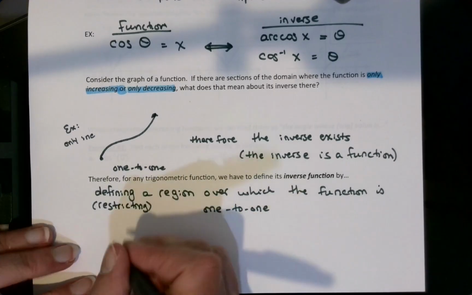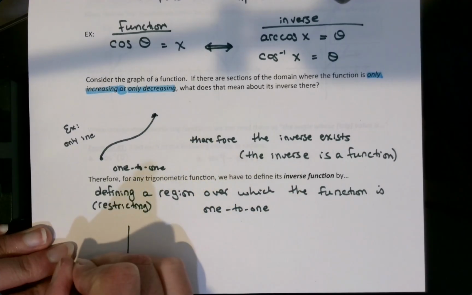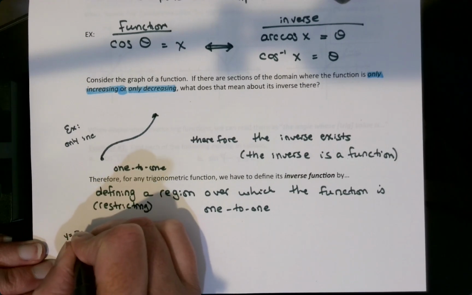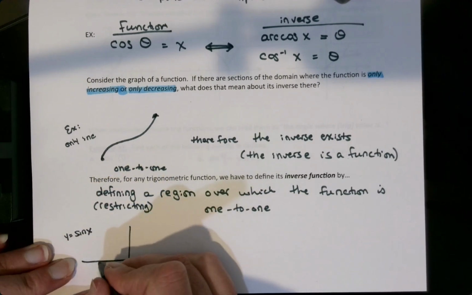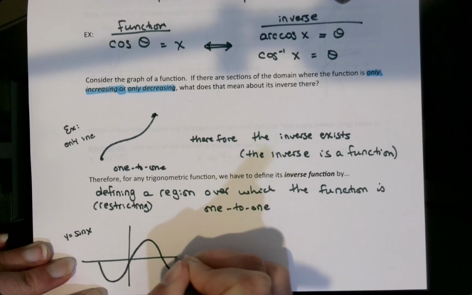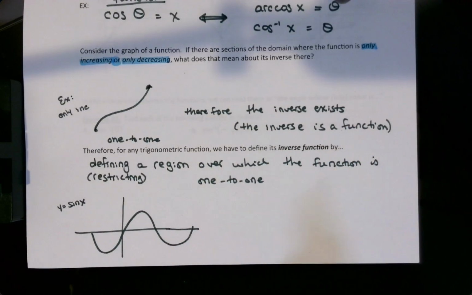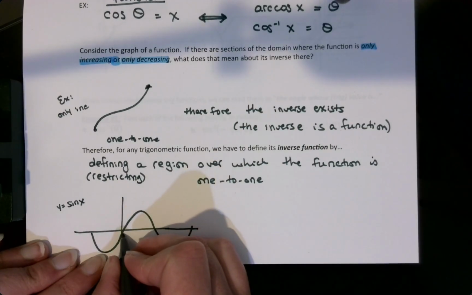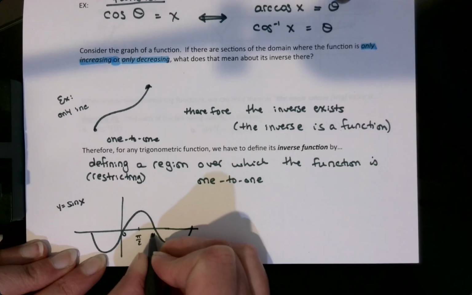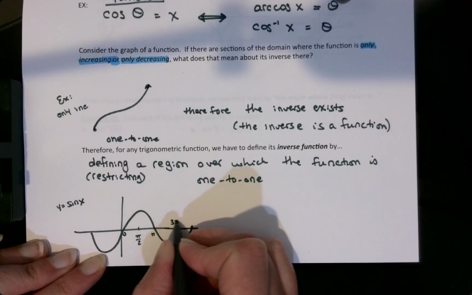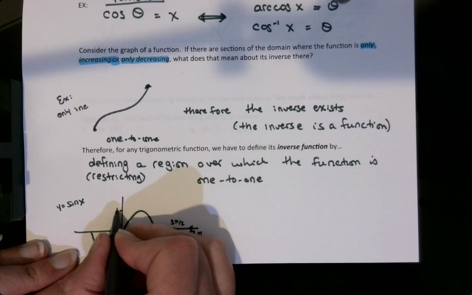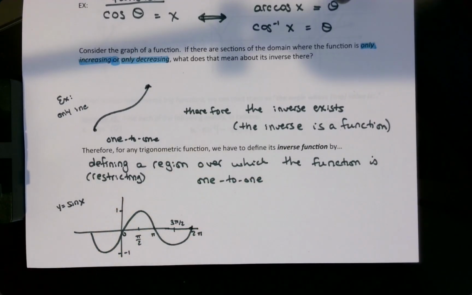So for example, if we take a look at the graph of sine of x, we know, for example, on this graph, we've got our markers for 0, pi halves, pi, 3 pi halves, and 2 pi. 1 period is 2 pi, and our heights of 1 and -1.